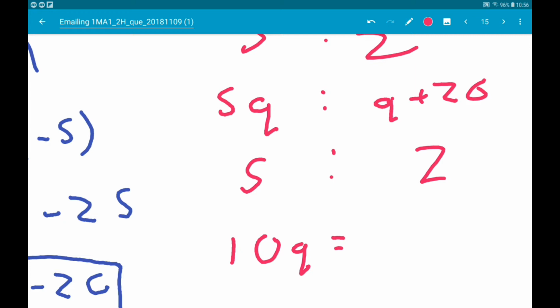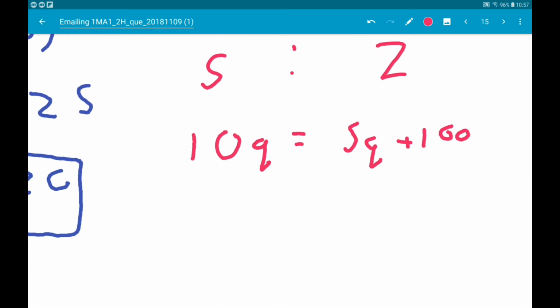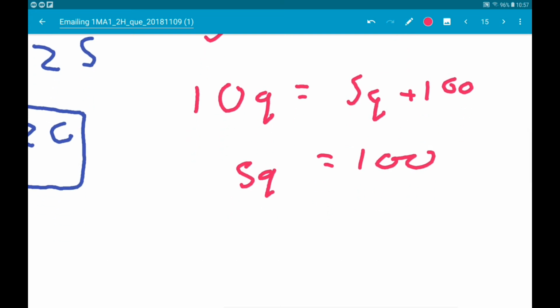So we get 5Q add 100. Okay, so now we need to solve this for Q. So subtract 5Q, we get 5Q is 100. So Q is 20.